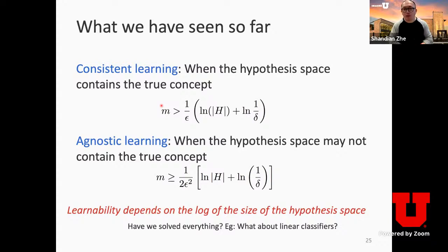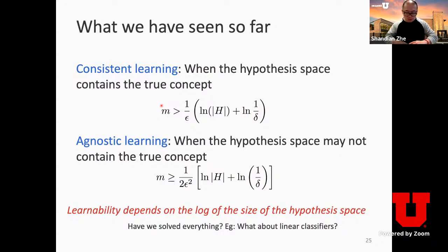That means I assume I have a very powerful, very expressive learning algorithm with a very large hypothesis space, such that for every possible training set, my learning procedure will always give you a hypothesis which is consistent with the full training set, meaning your training error is always 0. This is called consistent learning.